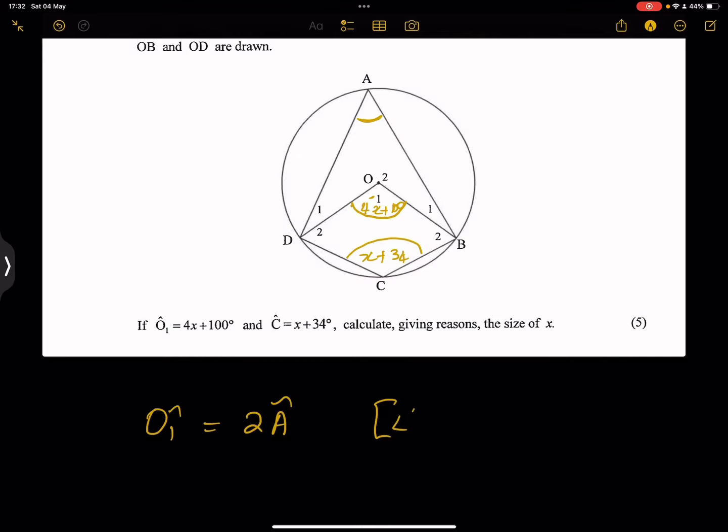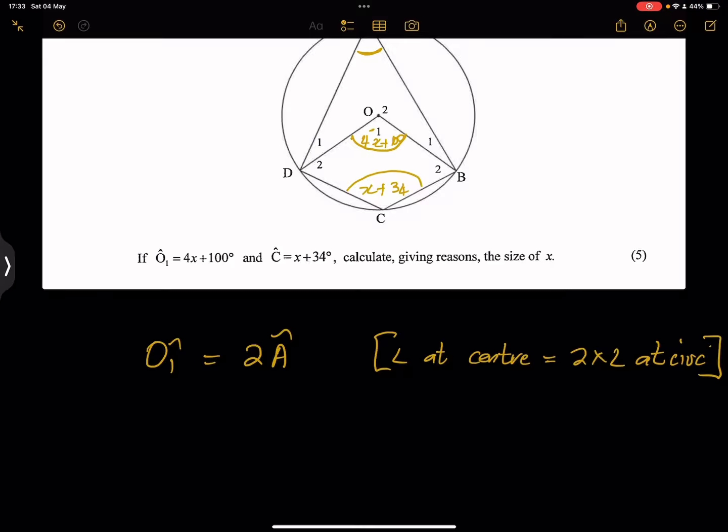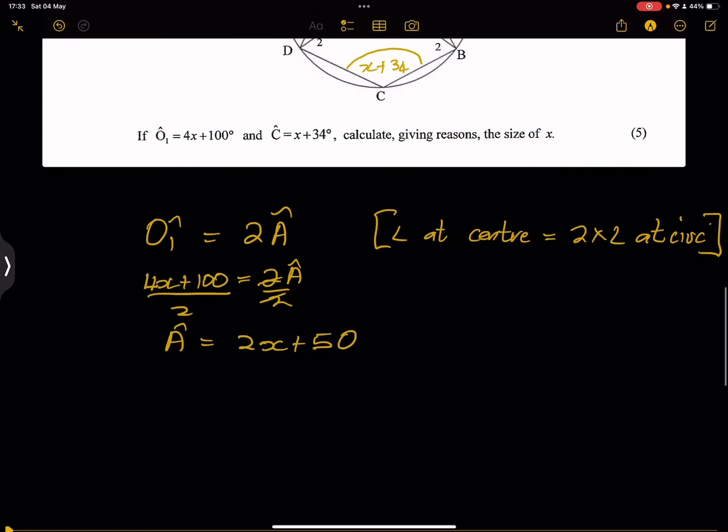That's angle at center equals 2 times angle at circumference. All right, so because we know O1 is 4x plus 100, what would be the size of angle A? It would be that divided by 2. So angle A would be equal to 2x plus 50.